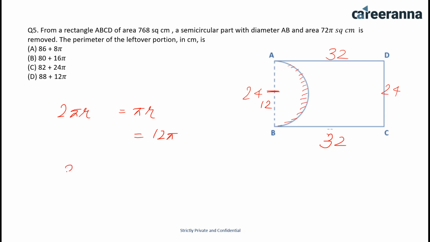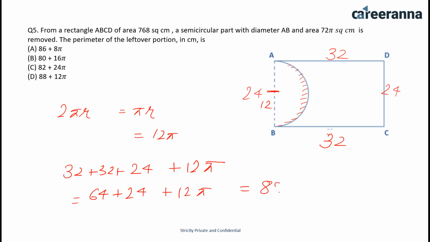Now perimeter of remaining thing is 32 plus 32 plus 24 plus 12 pi. So this value comes out to be 64 plus 24 plus 12 pi. This is nothing but 88 plus 12 pi. So our answer to this question is option D, 88 plus 12 pi.